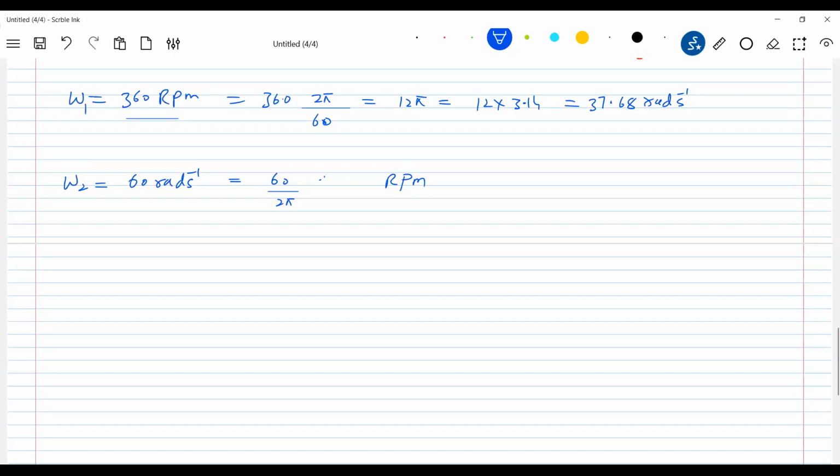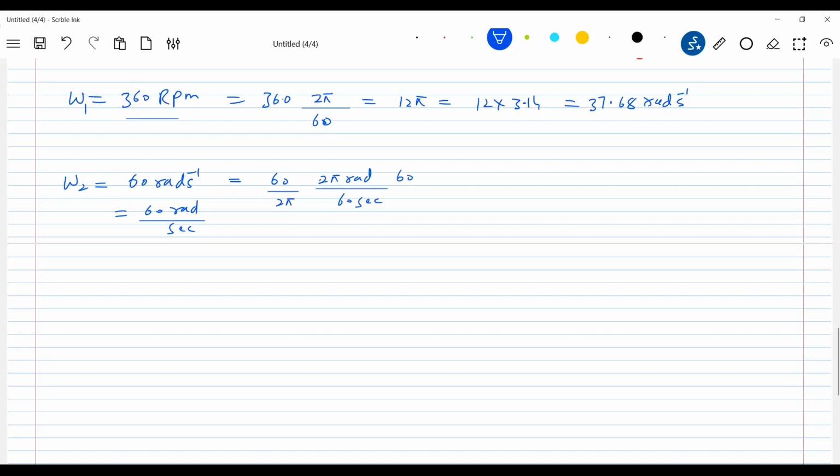Because seconds is there. This will be 60 radians per second. So per minute means I should bring 60 seconds, no? So how many radians will become one revolution? 2 pi radians. The next thing I adjust is 60 seconds. So here I should adjust 60.